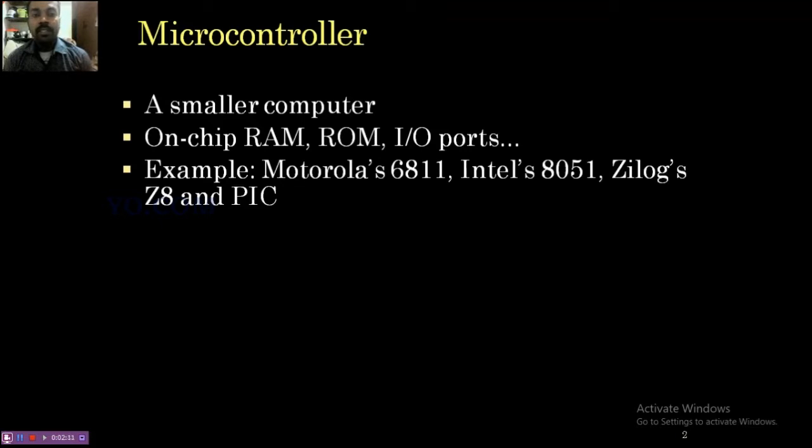What is a computer? A computer is the combination of processor, RAM, ROM, IO devices, timing circuits, interrupt, and all devices. These are combined together, that is called a computer.